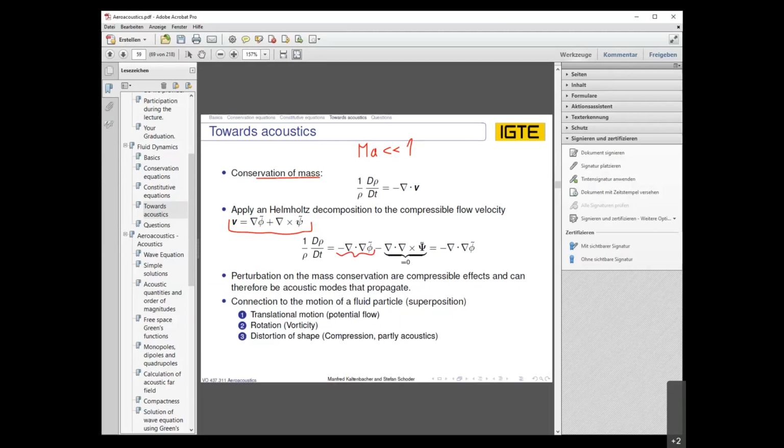This means density variations are connected to compressible phenomena. And this compressible phenomenon is, for low Mach number, purely acoustics. So all density variations in a very low Mach number flow are acoustical variations.